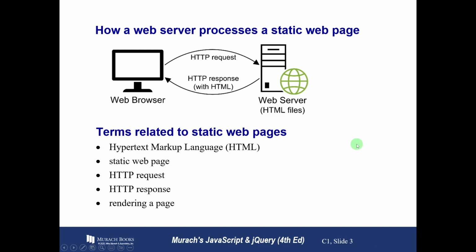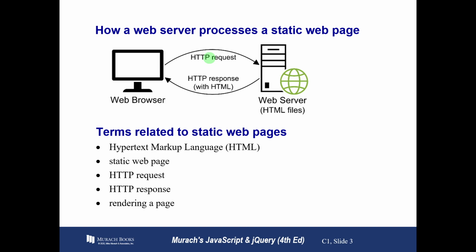In general, the simplest kinds of pages are static web pages. A static web page is one where a request is made from a browser, and the browser is officially considered the client. So the web browser is the client part of our application. And the web browser makes a request using a protocol, HTTP, which is short for Hypertext Transfer Protocol.